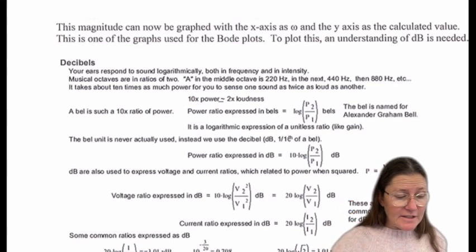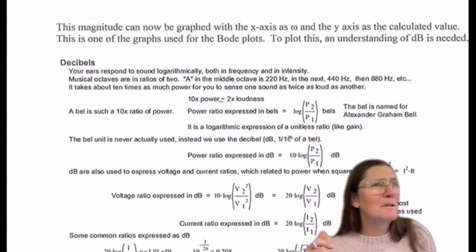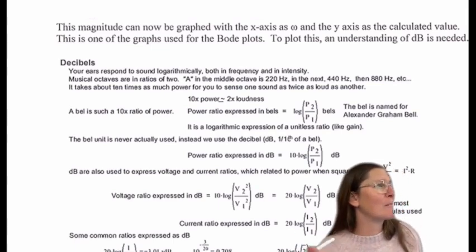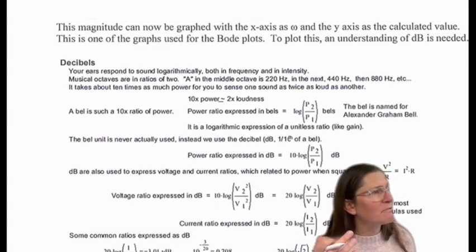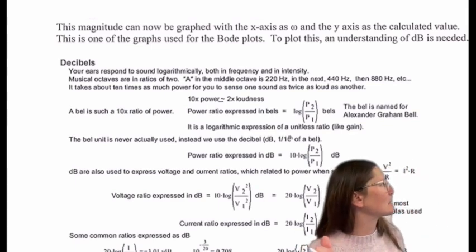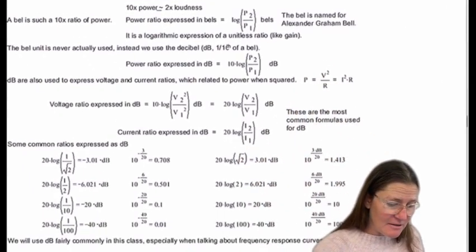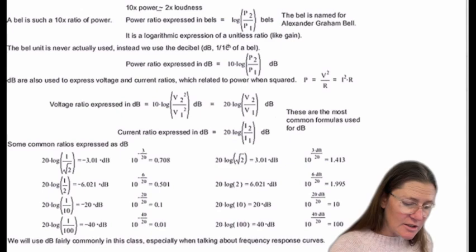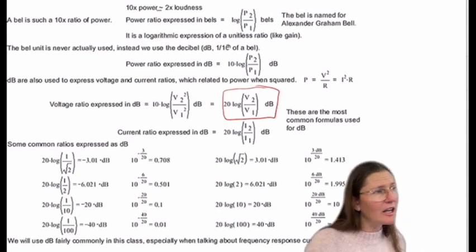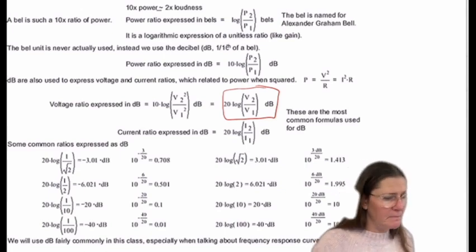So dB is also logarithmic, and it was derived by Alexander Graham Bell. I'll put a video up about a little bit more of the history of it. You guys can get some sense for that. What you need to take away is how do I convert to dB? To get dB, you take 20 log of the ratio itself, and that converts it to dB.